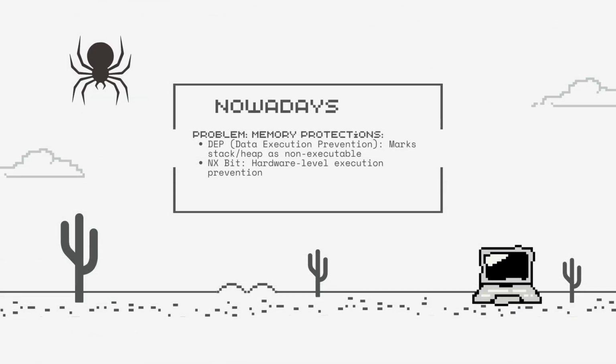But the security community didn't sit idle. Several powerful memory protection mechanisms were developed to stop these attacks. First, we have DEP, Data Execution Prevention. DEP marks regions of memory like the stack and heap as non-executable.